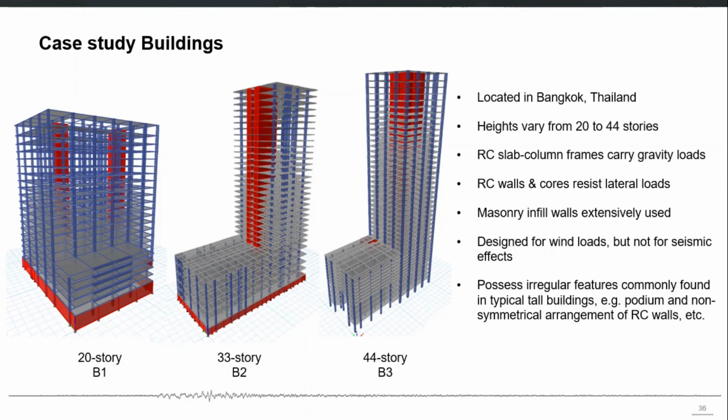These are the three buildings I will be using to demonstrate a few results: first a 20-story, then 33-story, then 44-story. They are typical buildings located in Bangkok. They are existing buildings and they have several existing features like masonry walls and some irregularities also.